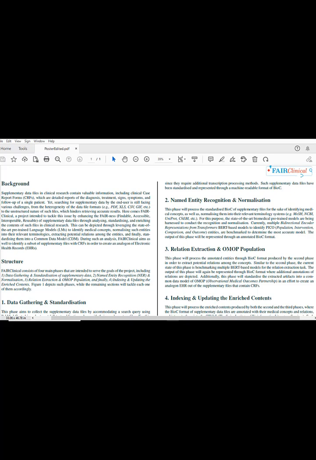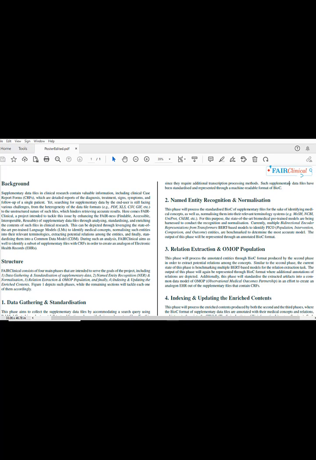So we are speaking here of the MeSH database for the disease and population entities, UniProt for the protein and gene entities, the ChEBI database for the chemical compounds, and so on.